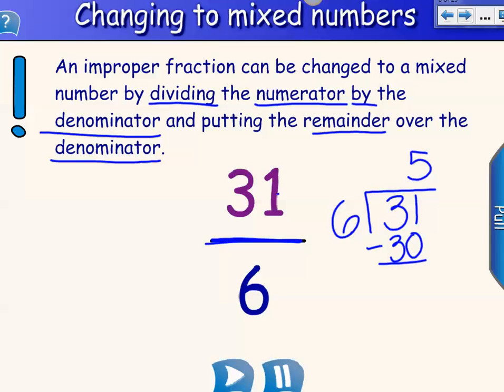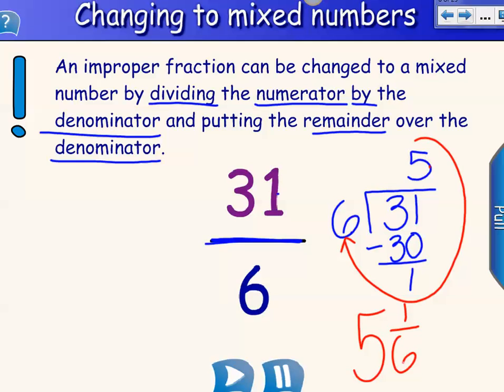From here you start at the top and go around clockwise like you would with a clock. So 5 is my whole number, 1 left over is my numerator, and 6 is always going to stay my denominator. So you start at the top and circle around to get 5 and 1/6.